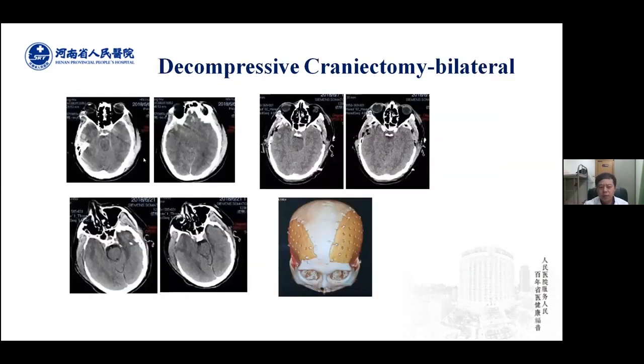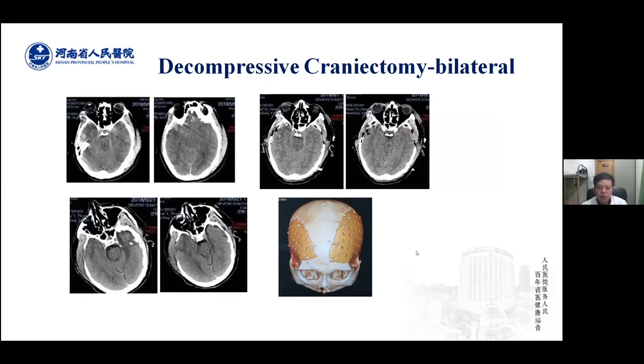This patient came to our hospital 2 years ago with both pupils dilated, so we had to do a bilateral DC. After that, the patient was saved, and 6 months later we did the cranioplasty.